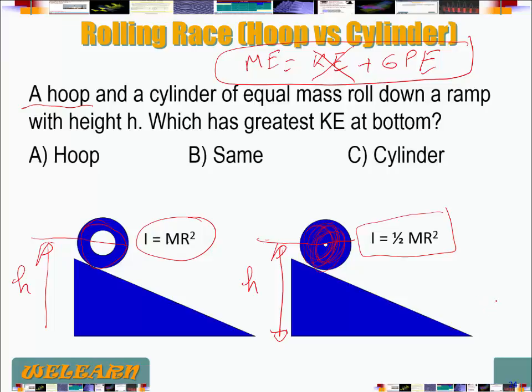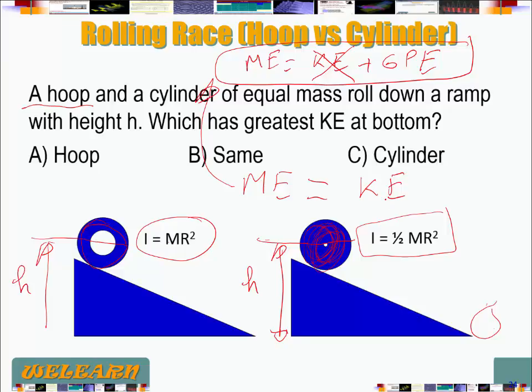Now at the bottom, both of them are going to have the same mechanical energy as they had initially, but in this case the mechanical energy is going to be just kinetic energy, not gravitational potential energy, because we are at the bottom. We lost that h. Both of them went down by height h.